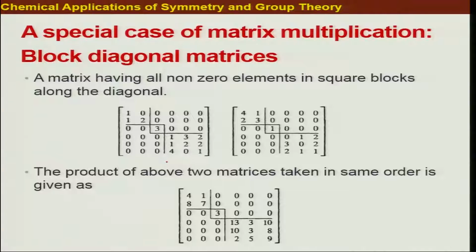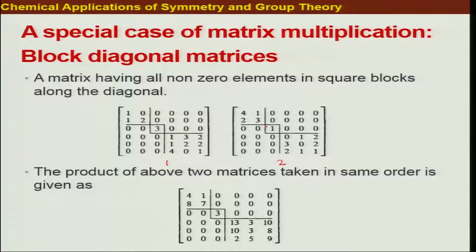Say this is matrix 1, this is matrix 2, and you can see that these square blocks are all along the diagonal, and only these blocks have non-zero elements, and the other parts are all zeros. So this is one block factored matrix, this is another one, and they are block factored in the very same way.